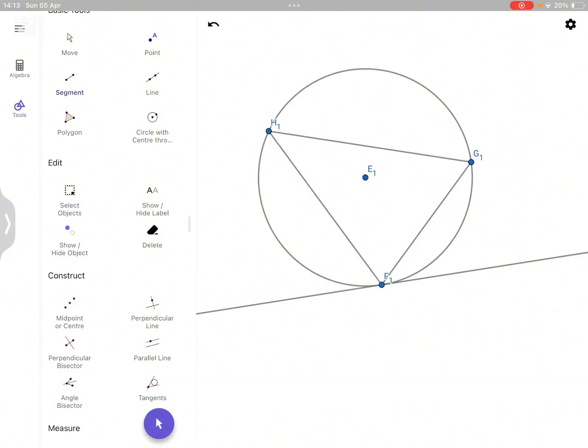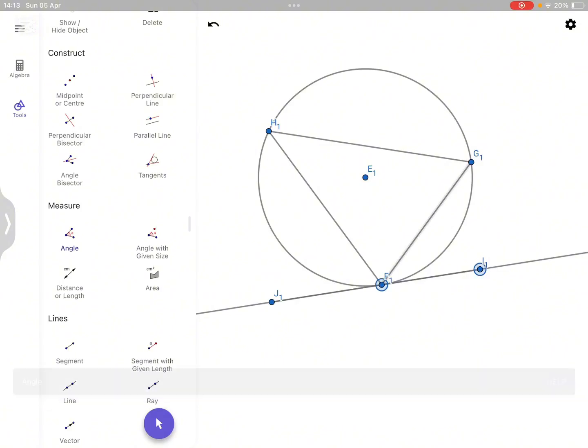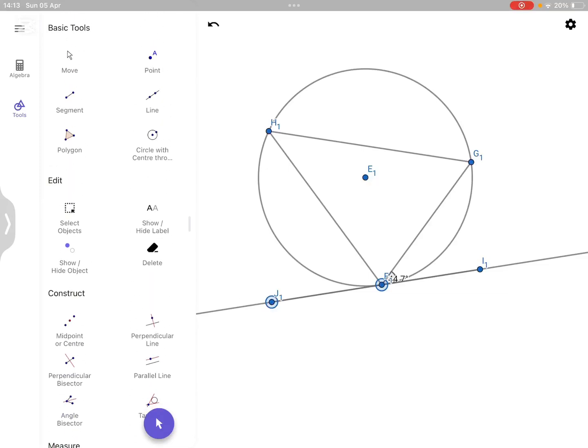So, okay. Now, what are we going to do? We're going to measure the angle to check if the angle subtended by the tangent and the chord is equal to the angle subtended by the very same chord at the alternate segment.